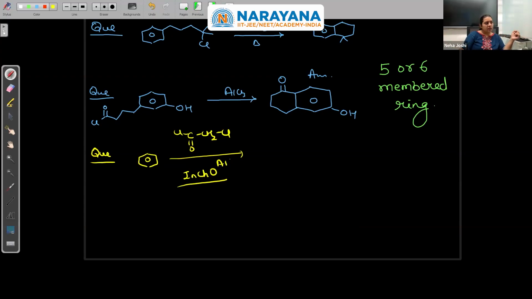And AlCl3. So I can form both carbocations, acylium or CH2 plus. So what is observed is acylation takes place. You will find that this will be gone. Acylation will take place, not alkylation. Is that clear? This is formed.